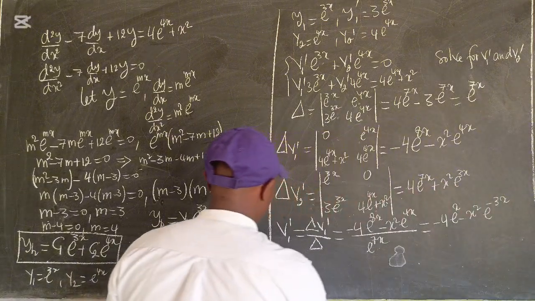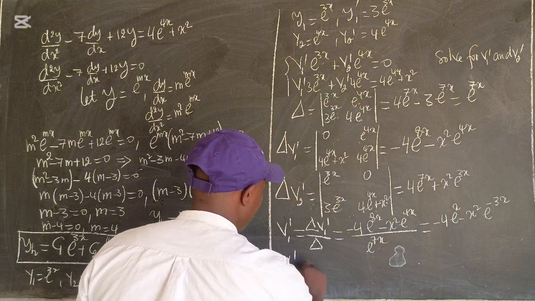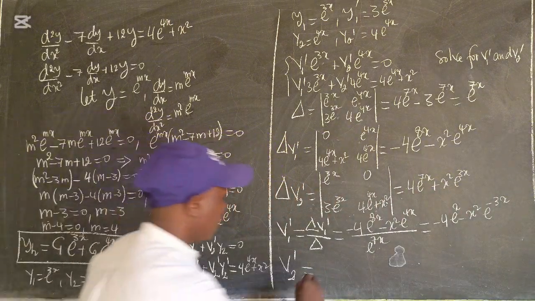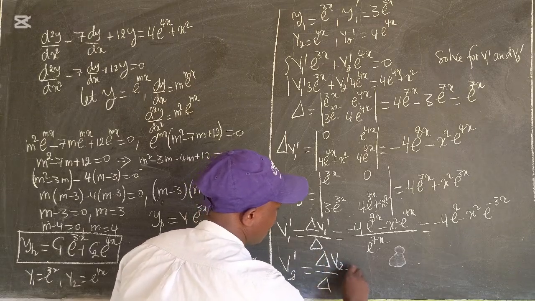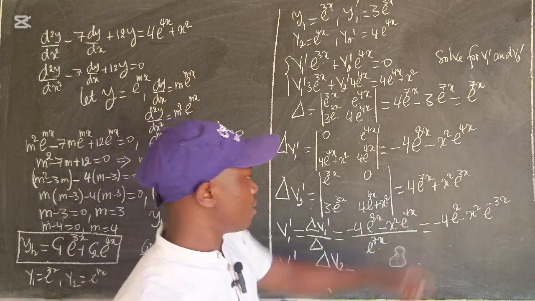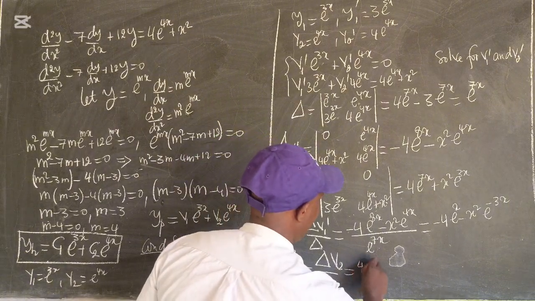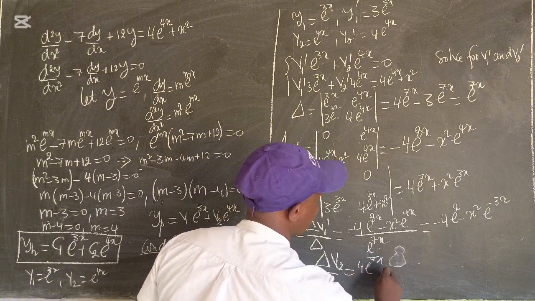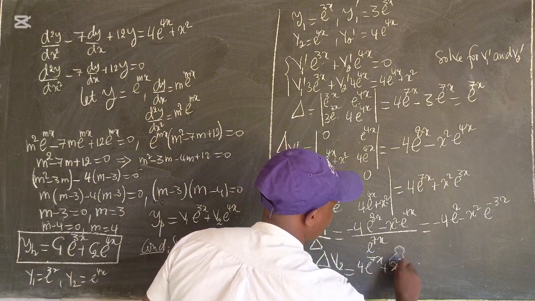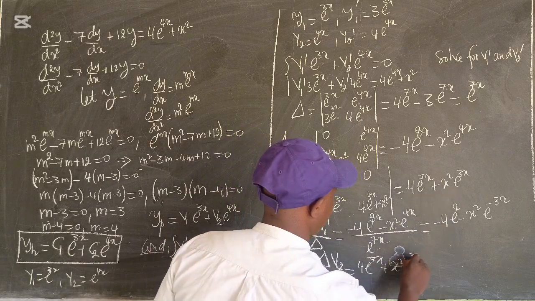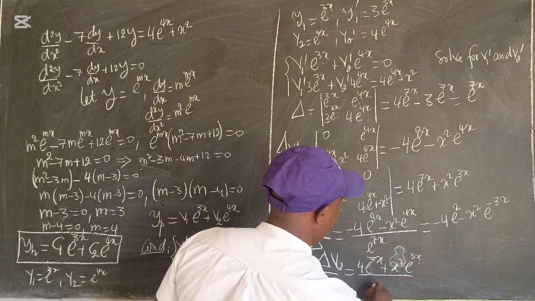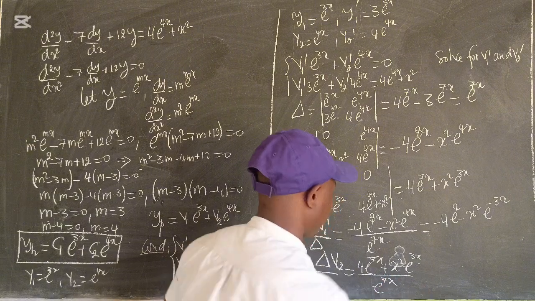Okay. v2 prime is equal to dv2 over d. Here dv2 is this. You have 4 exponential of 7x plus x squared times exponential of 3x, over exponential of 7x.